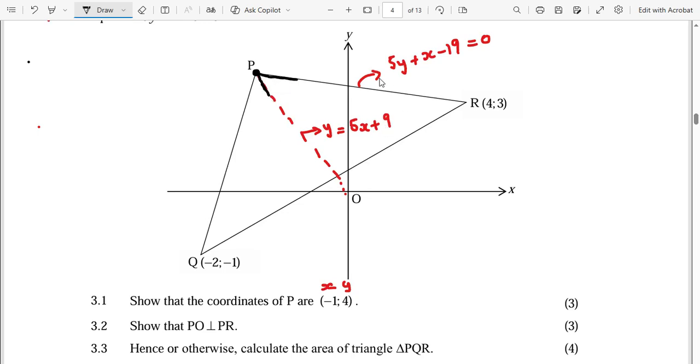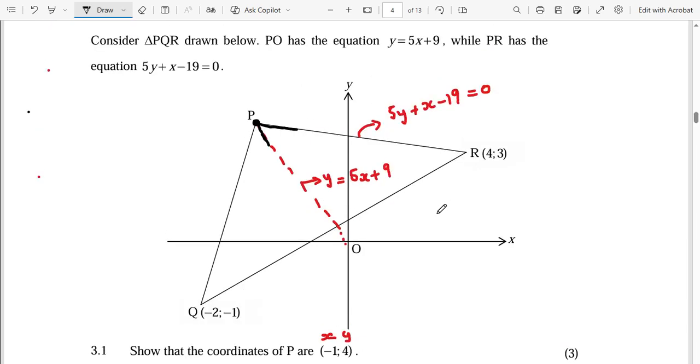You need to ask yourself, how do we find the point of intersection? To find the point of intersection, we're going to take these two equations and solve them simultaneously.